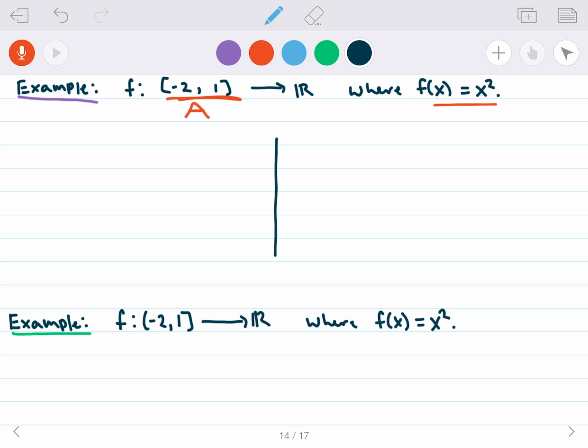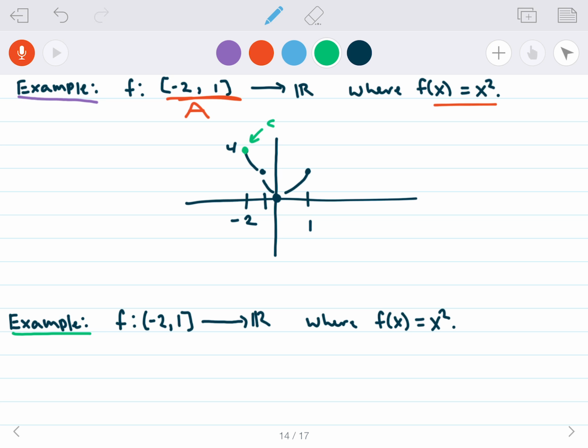So if we draw a picture, here we're going from -2 to 1, and -2 squared is 4, so that's that, and then this is going to be 0, and 1 is going to be 1. Bad picture, I know. So that's the image under f of A. And the extreme value theorem says, hey, since A is compact, it's going to achieve all those points. And indeed, it does.